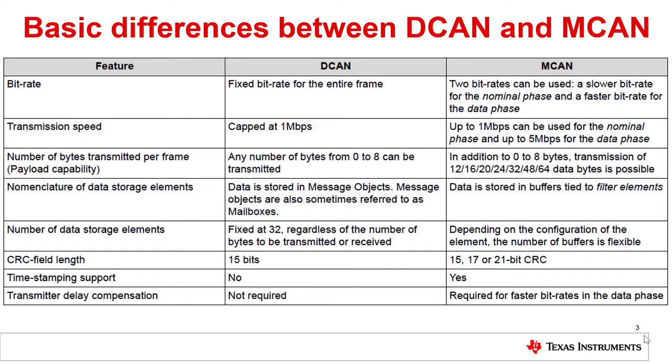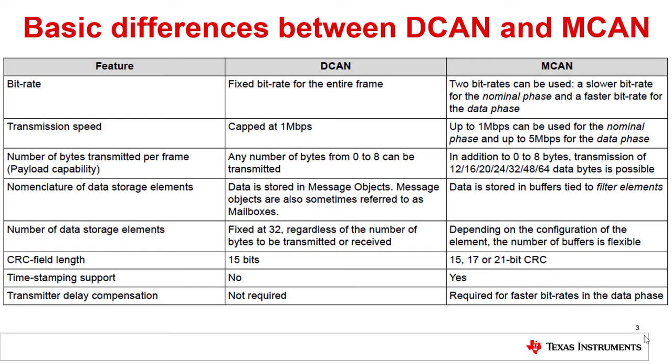This slide highlights the basic differences between the DCAN and the MCAN modules. DCAN supports the classic CAN mode, employing the same bitrate for the entire frame. In contrast, MCAN supports CAN-FD, allowing two bitrates to be employed in a frame: a slower bitrate for the nominal phase and a faster bitrate for the data phase.